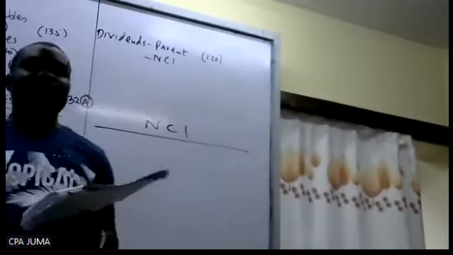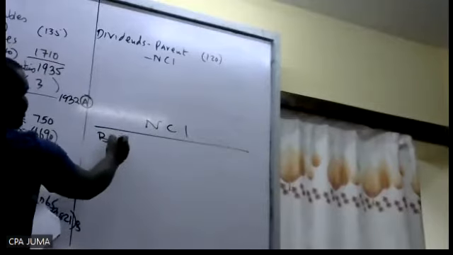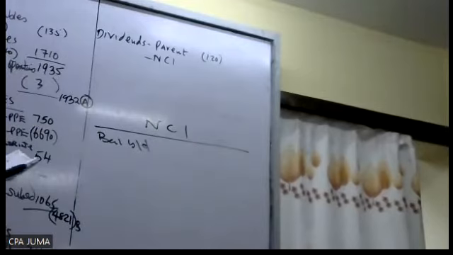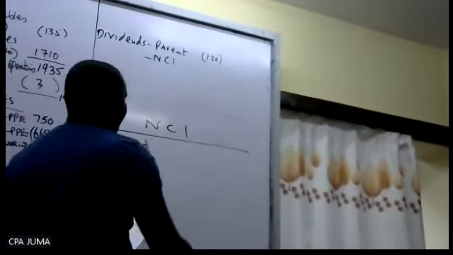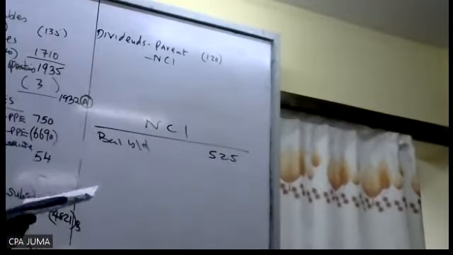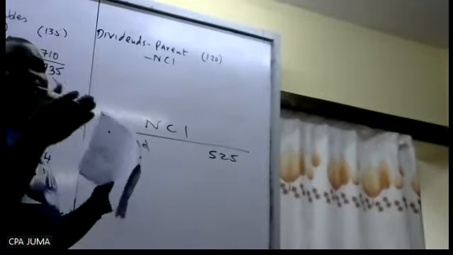For NCI, how much was the equity attributable to NCI when we started the year? 525. Give us there. For the year, you go to P&L because that was at the start.